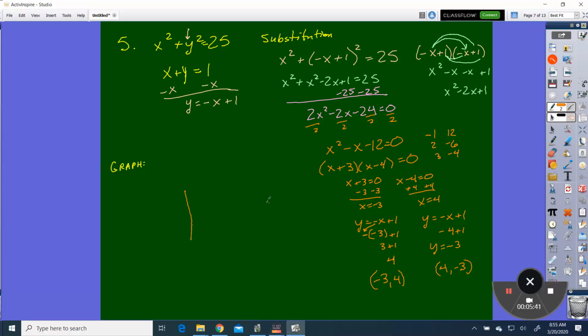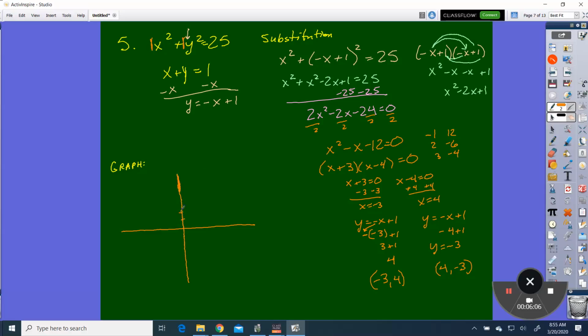you just have to do it freehand. If you remember, anytime you have a number squared plus a number squared, if they have the same coefficient, which is a 1, I have something squared plus something squared equals a number, it's a circle with the center at 0, 0 because there's nothing in those.